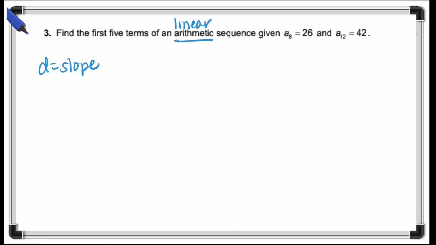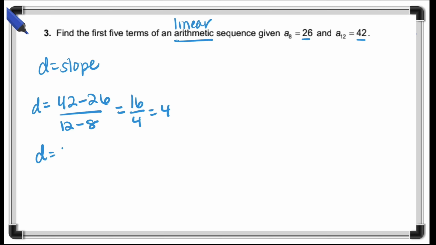So right now we have some points: the term number and what it equals. You can find the slope, which is the change, the change in y over the change in x. So you have 42 minus 26 over 12 minus 8. As we simplify, we get 16 over 4, which gives 4. So my difference is 4, that's my d.